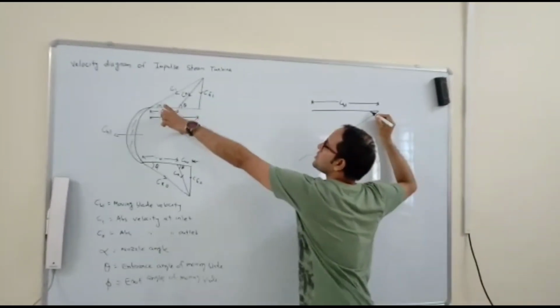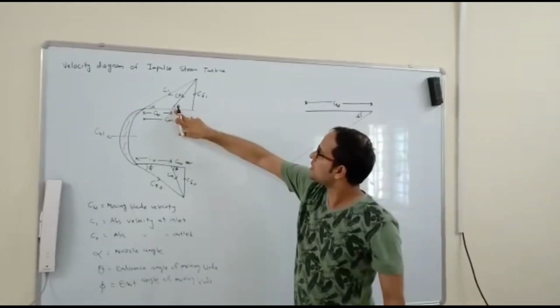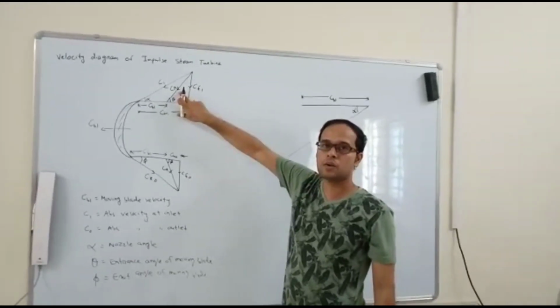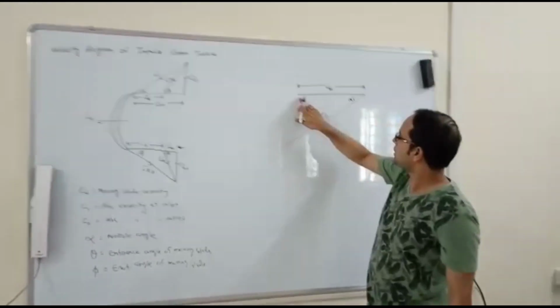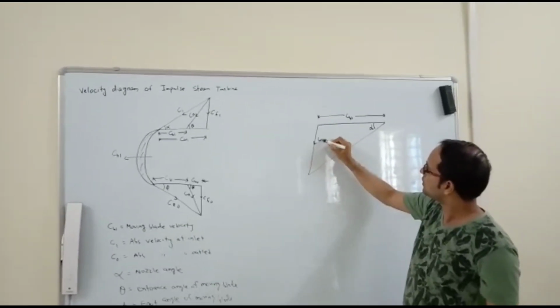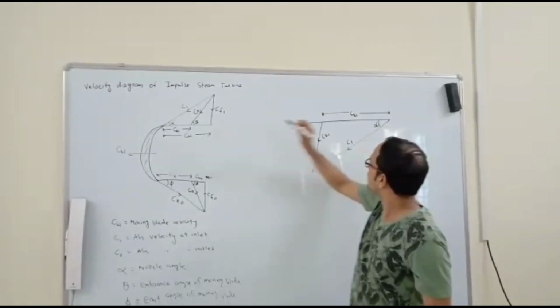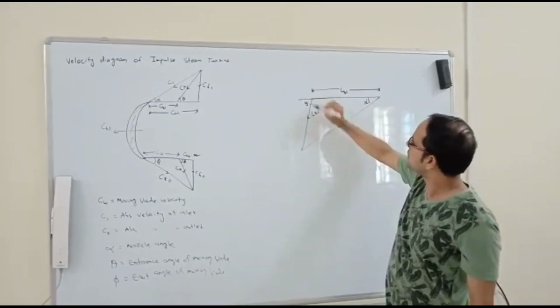The inlet angle, the nozzle angle, is alpha. Then on the other end of CBL, draw CR1, the relative velocity, with entrance angle theta. So this is theta.